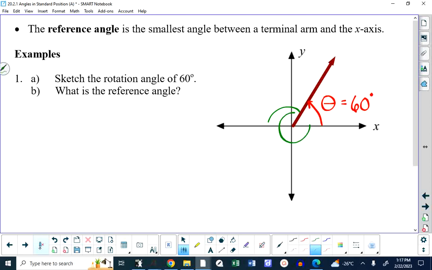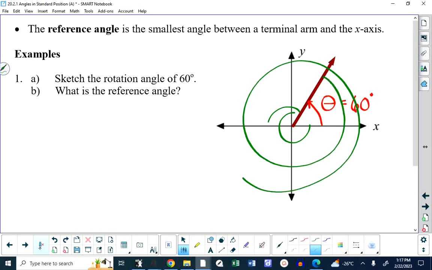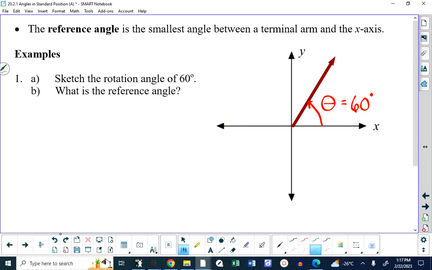I can get from the terminal arm to the x-axis this way. But what's the shortest way to do it? Well, the shortest way to do it is to just look at this angle. And look at what I've drawn. There's no arrows on it. I'm just saying that that is the angle between the x-axis and the terminal arm.